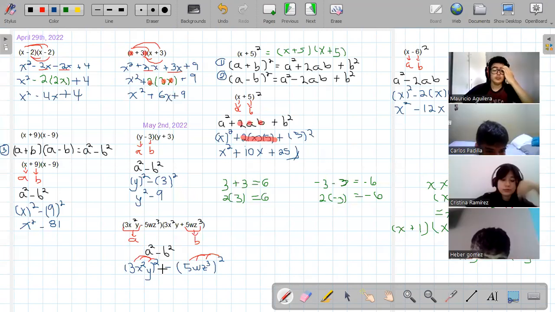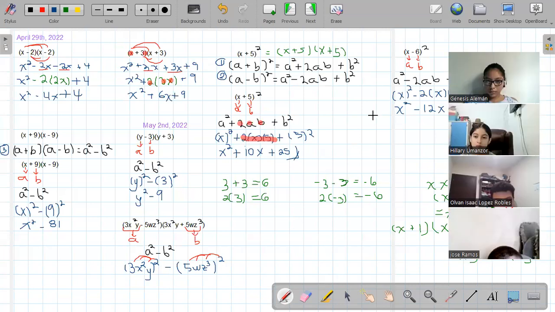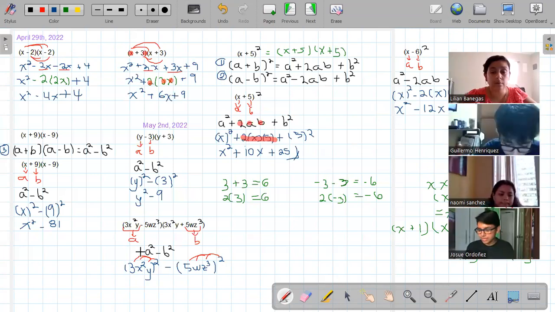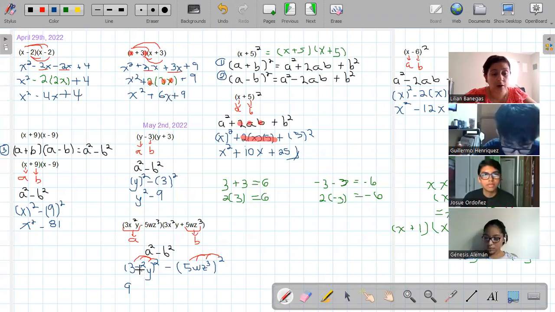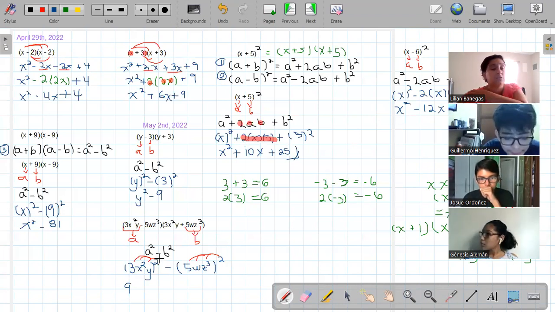How much is 3 to the square? 9. How much is x squared to the square? Taking in consideration what Josue told us.